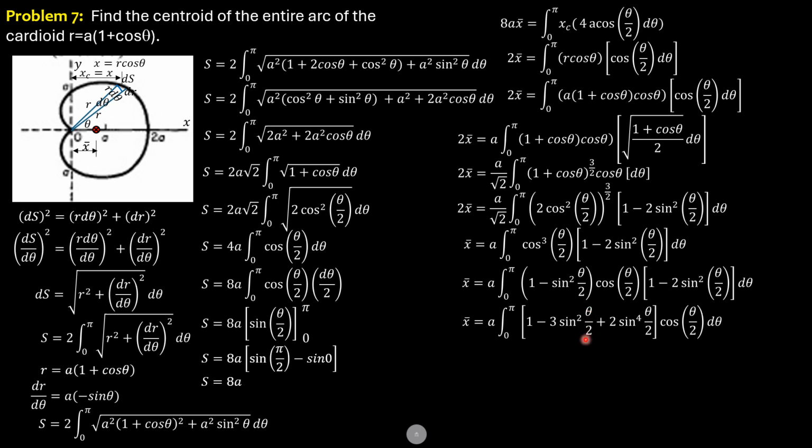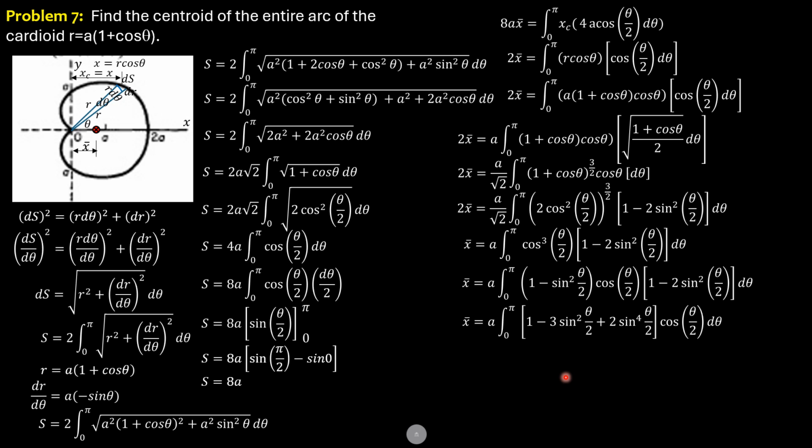Then if we let u be theta over 2, the differential is d theta over 2, and we have 2 in the denominator. So we multiply all these terms inside the brackets by 2 so that it is ready to be evaluated. The integral would be easy.